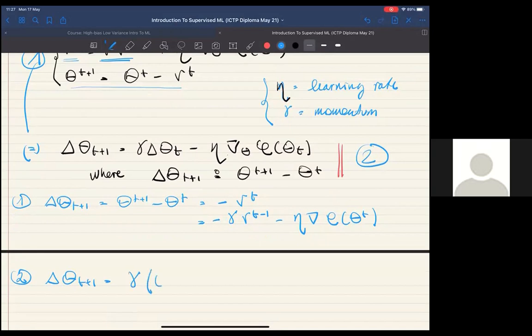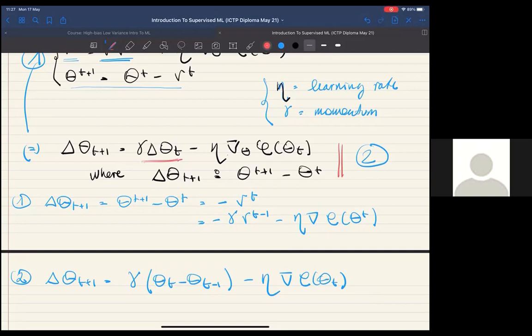Which is by definition theta t minus 1 minus eta gradient of the cost at theta t. Okay, I did nothing, I just rewrote this second part here, this delta, using its definition.